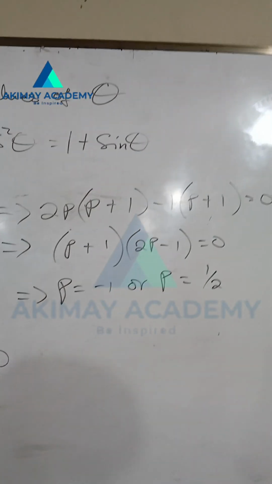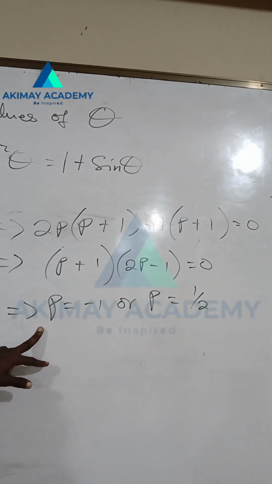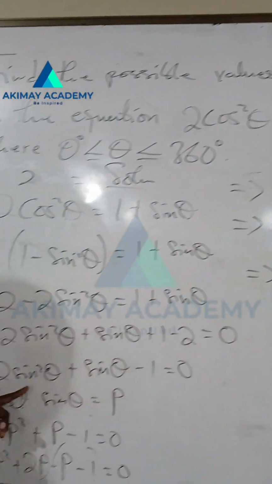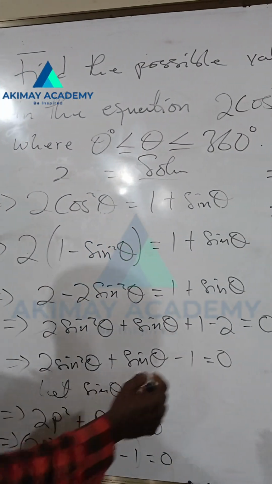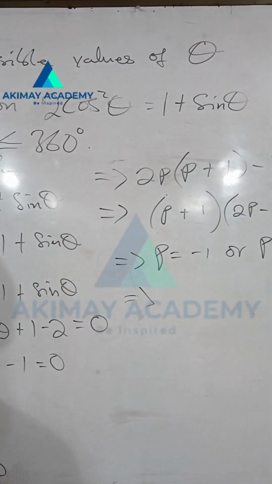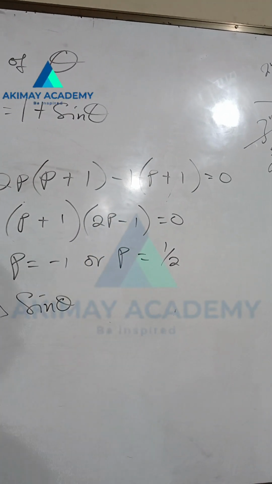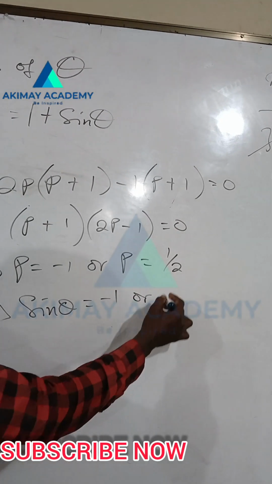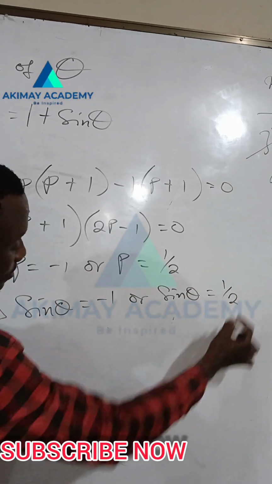So here we know that p is not on its own. It is representing something. We know that p is representing sine theta. So we can do the substitution over there by putting our sine theta at its rightful place: sine theta equals negative 1, or sine theta equals half.